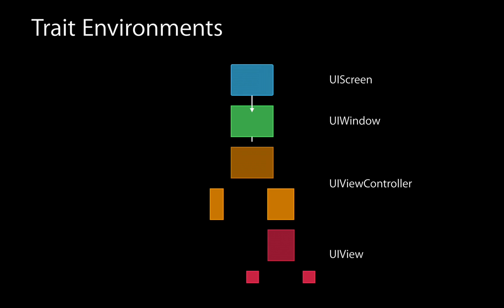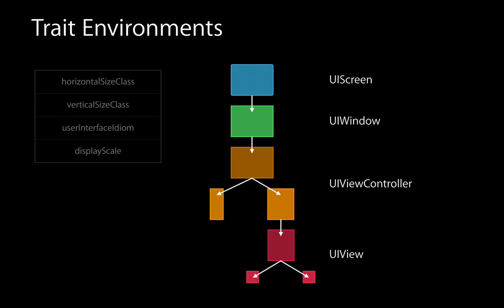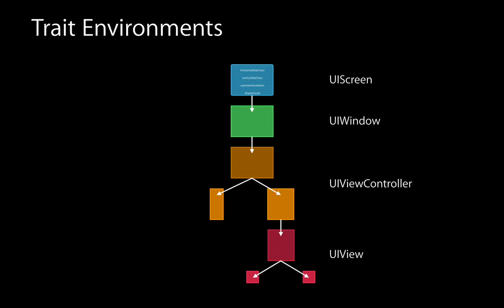Now, all of these trait environments make up a hierarchy, and the trait collections that they have will flow from parent to child. So by default, the trait collections that any given child trait environment has will be the ones that it's inherited from its parent, all the way up to the screen, which makes up the root trait environment.